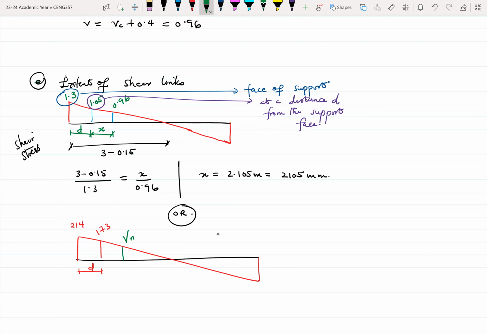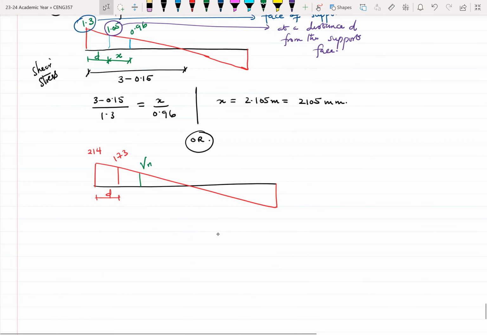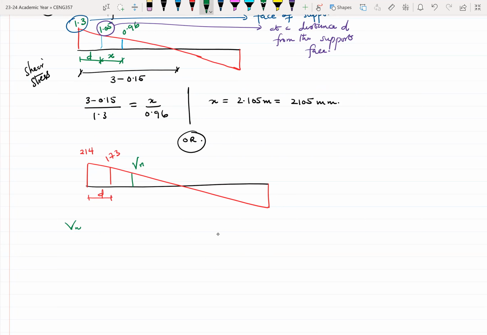Now we need to find the shear, which we call the Vn, where the Vn is the shear resistance of both the nominal links and then the concrete. Vn will correspond to the 0.96. So let me just put over here, Vn will correspond to sometimes small v of 0.96, right?